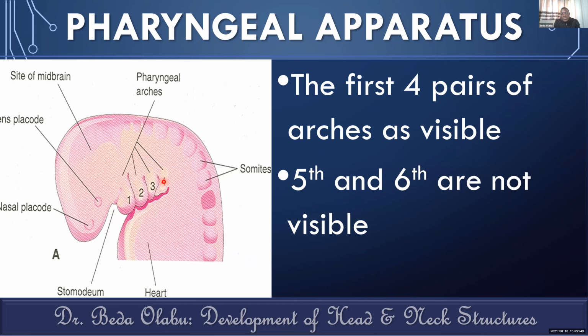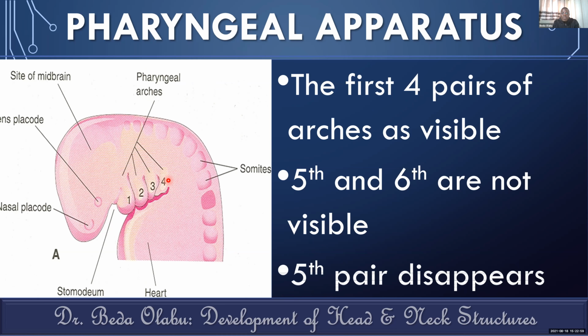Now, even though there are a total of 6 arches, in humans, something unique happens. In human beings, the 5th pair of pharyngeal arches disappear. It involutes. And that means that, therefore, in humans, there are a total of 5 pharyngeal arches.